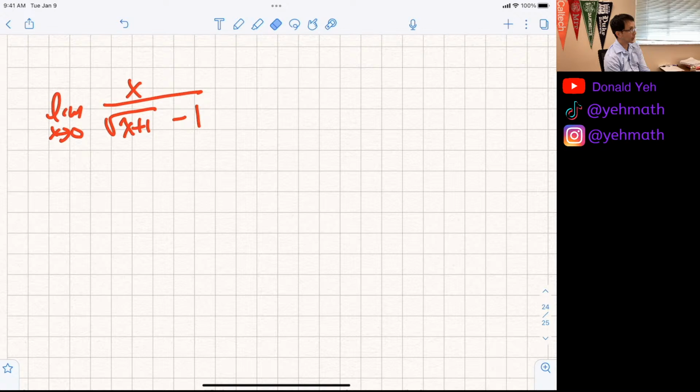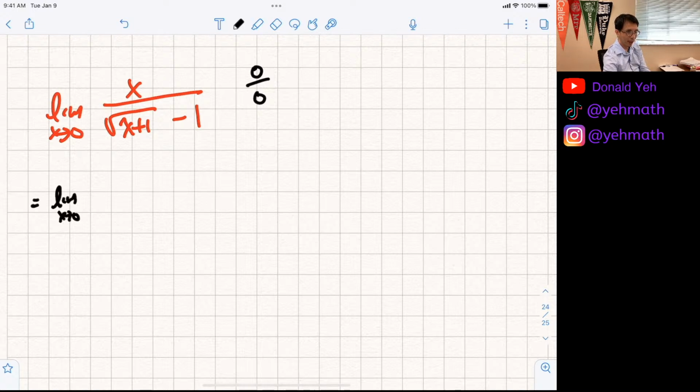What happens if you plug in? Not x over 0. It's 0 over 0. Right? So if you have 0 over 0, what do you do? What kind of math can you think of?